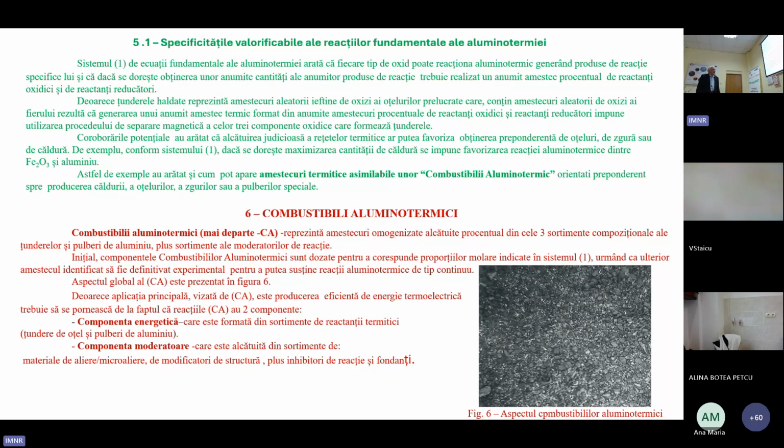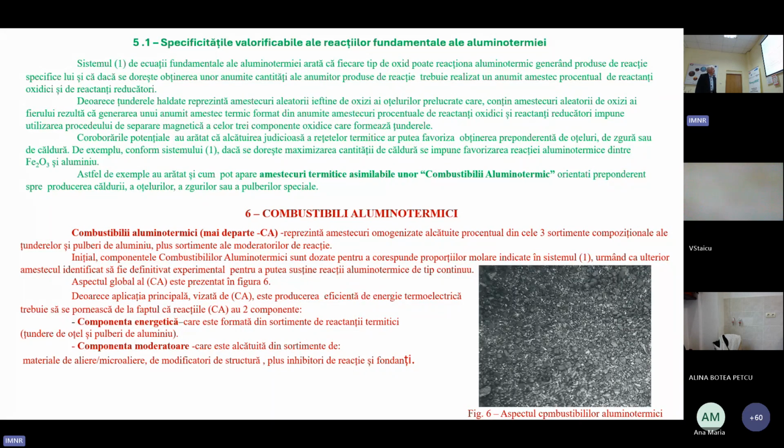Așa, după ce am făcut această prezentare, trebuie să vă spun că acești combustibili aluminotermici au aspectul care se vede în figura din dreapta. Deci amestecurile aluminotermice reprezintă amestecuri omogenizate, alcătuite procentual din cele 3 sortimente compoziționale ale țunderelor și fulgi de aluminiu plus sortimente ale moderatorilor de reacții.